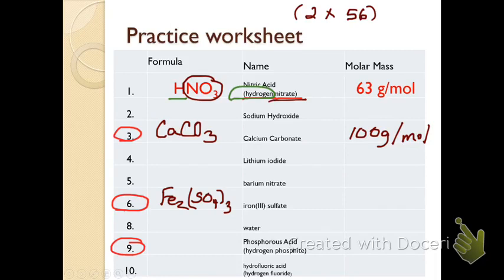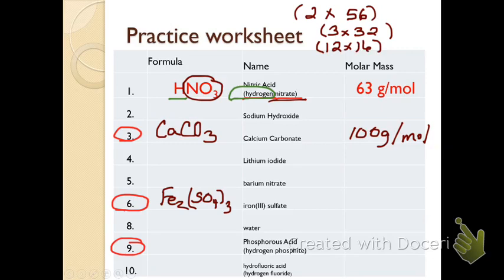And then there are 3 sulfurs in the sulfate ion, because there are 3 sulfate ions. And I know that sulfur has a molar mass of 32, so that's going to be 3 times 32. And then there are 3 times 4, which is 12 oxygens. And I know oxygen has a molar mass of 16 grams per mole. So that's going to be 12 times 16. So it's going to be a fairly large number.